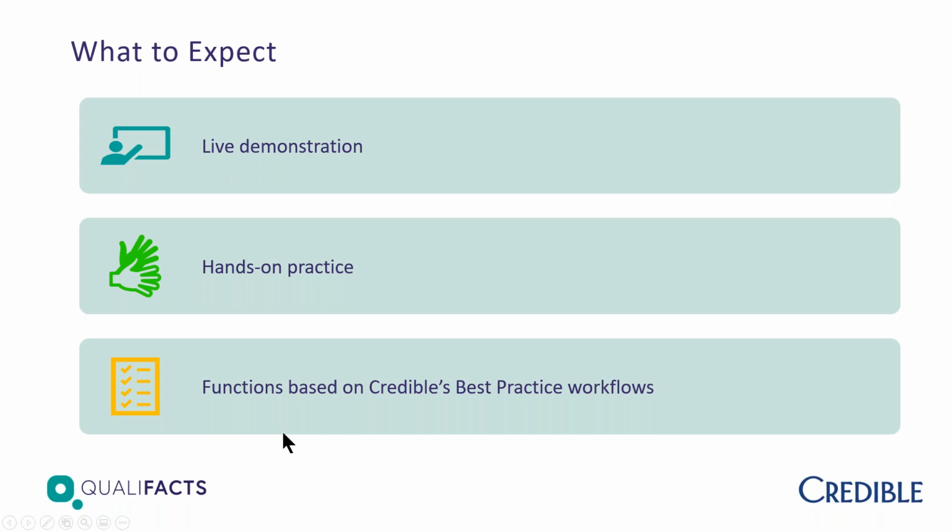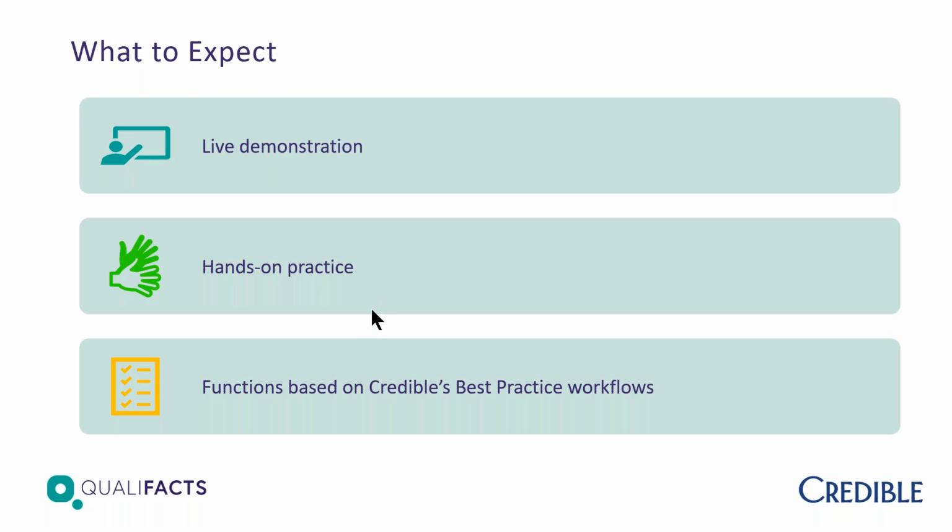Keep in mind, with this live demo and hands-on practice, this is a really important note to make, just because we are virtual. It's a challenge that we always want to point out that you just need to be aware of, and that is toggling.